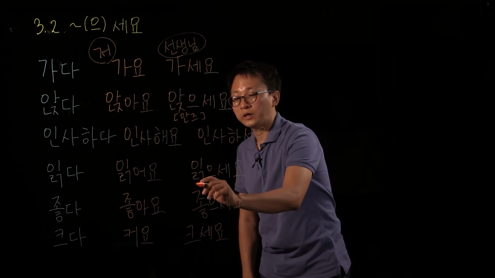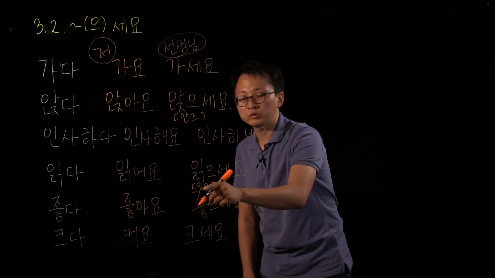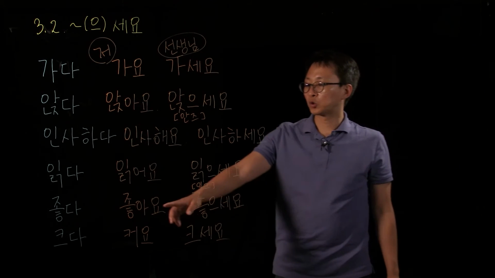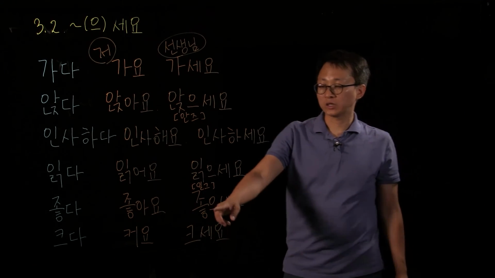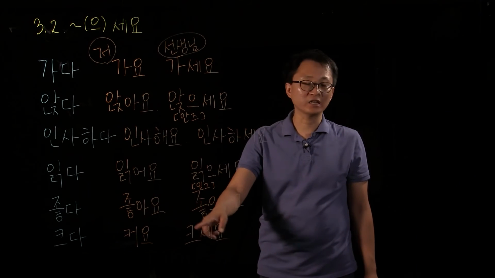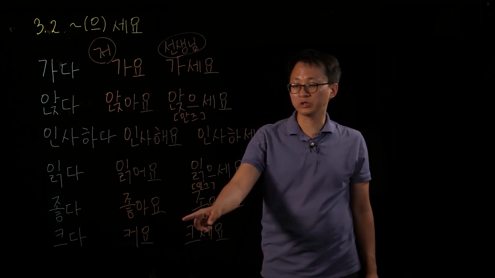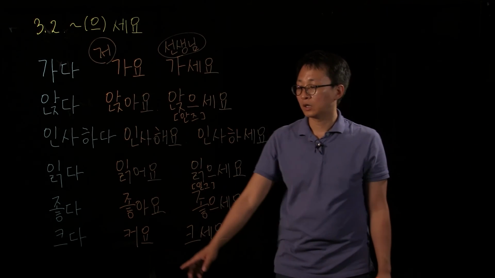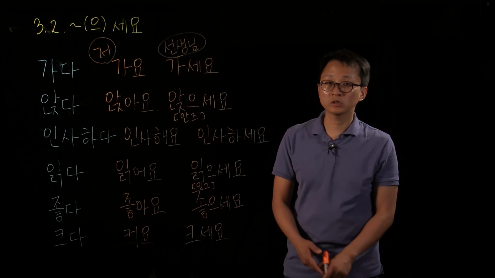So in the same way, 읽으세요. So you read this way. 좋아요. 좋으세요. So in case of h sound, it's silent. We don't pronounce this h sound here. 좋으세요. And 커요. 크세요. Okay, so far so good.